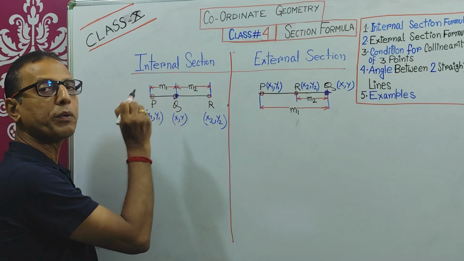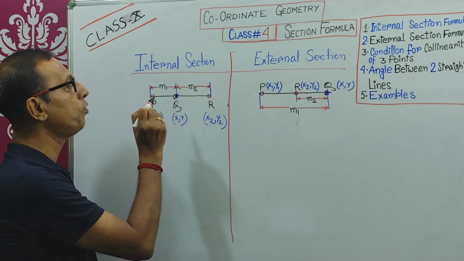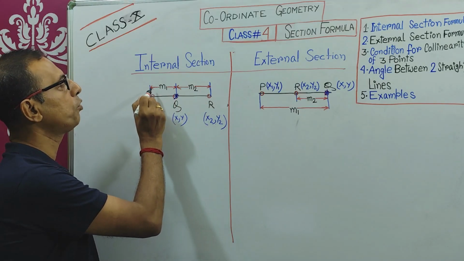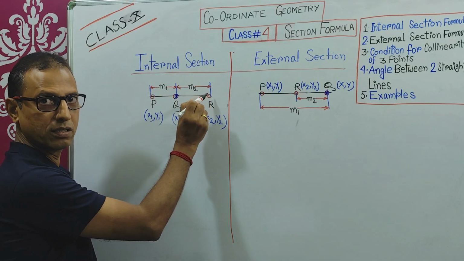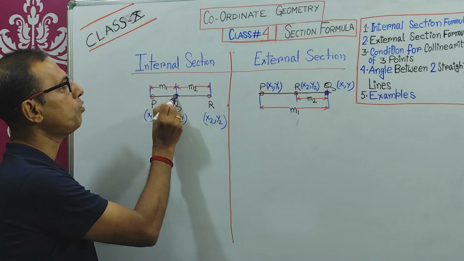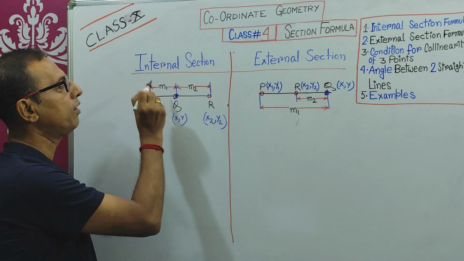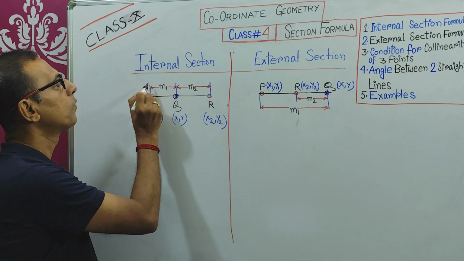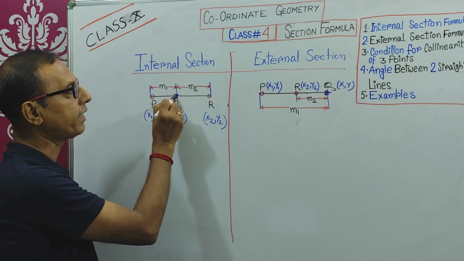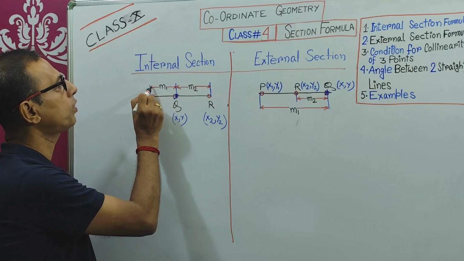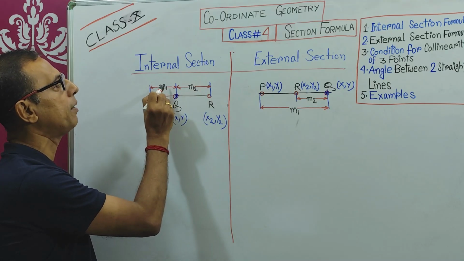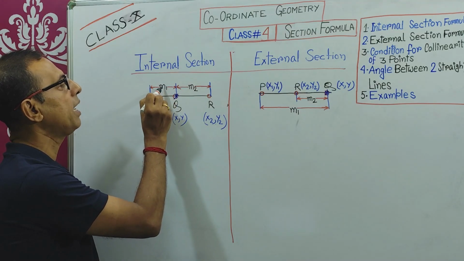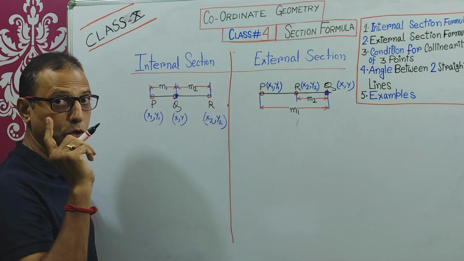The point in between P and R on the line, Q, has divided the line segment PR into 2 segments. What are the segments? PQ and QR. Now in which ratio has the segment been divided? Q is located in such a way on the line that PQ is to QR equals M1 is to M2. So in the picture, if you see, P to Q is M1 and Q to R is M2, don't get confused.